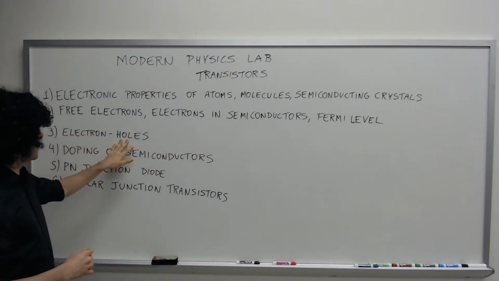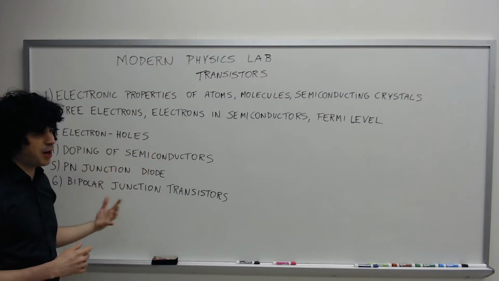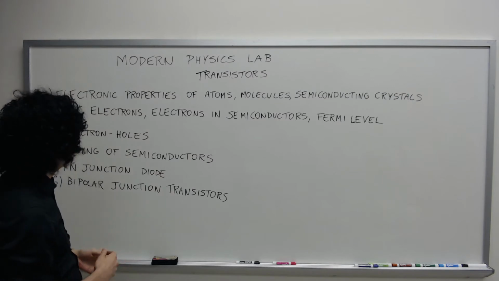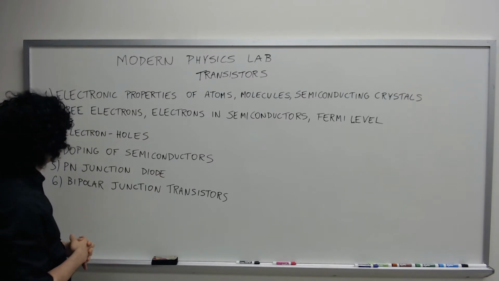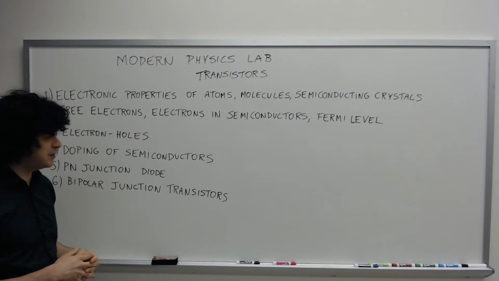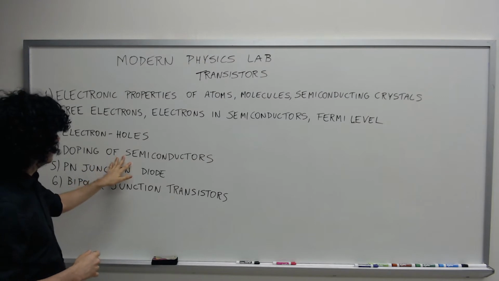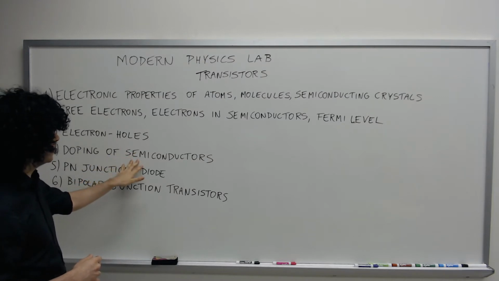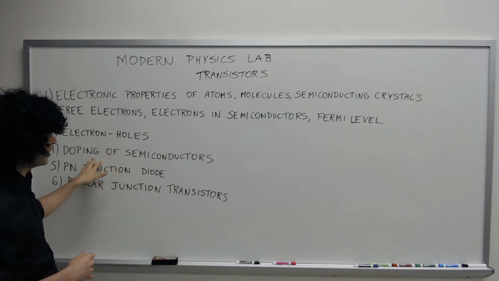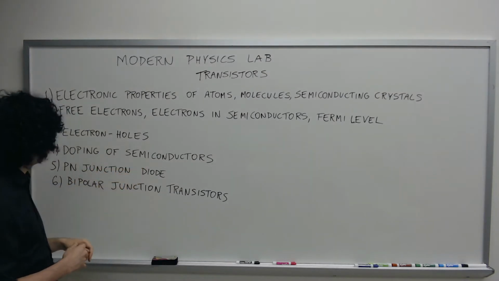We'll talk about the concept of electron holes, or holes for short, which are positively charged quasi-particles, representing a lack of electron in the valence band. We'll talk about how we can charge semiconductors through extrinsic doping, and you can make them conductive.